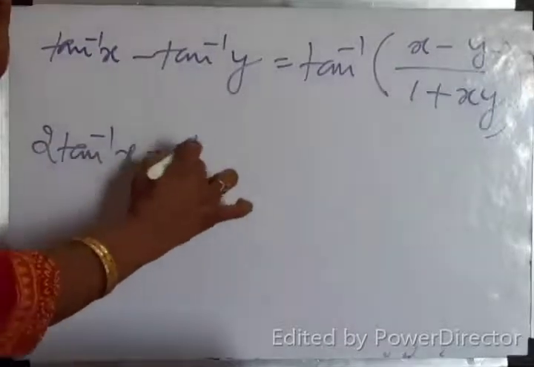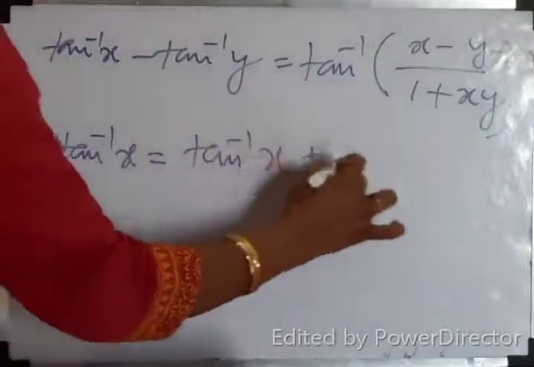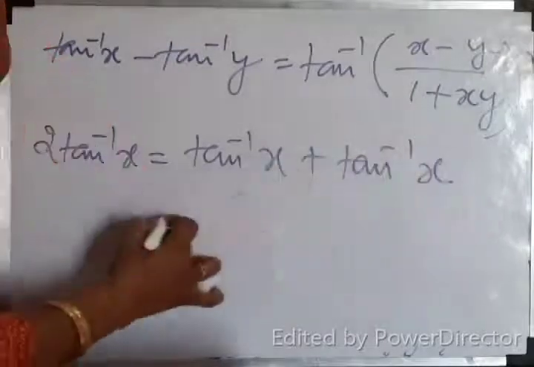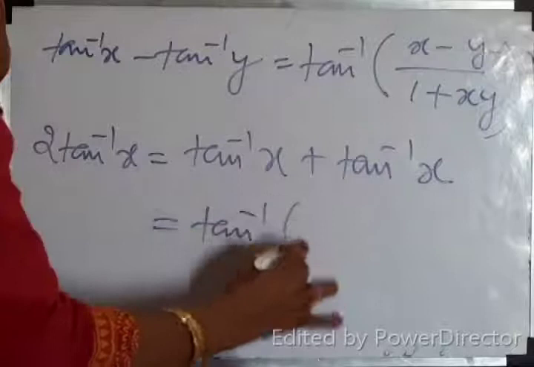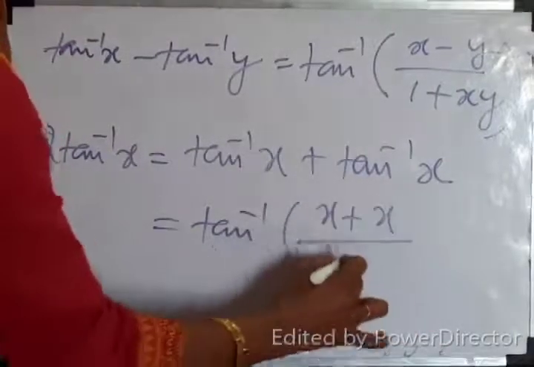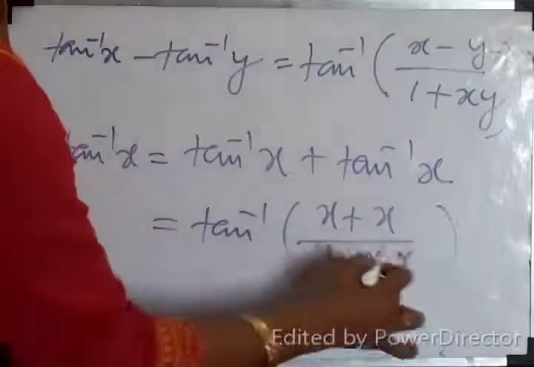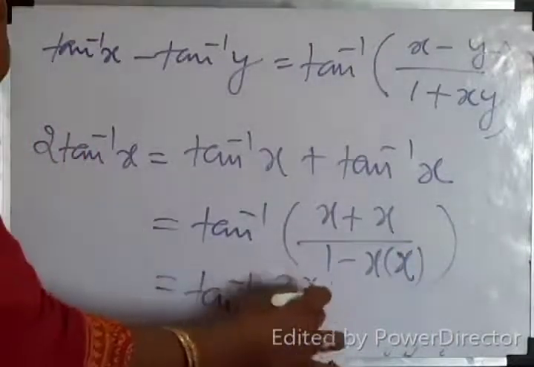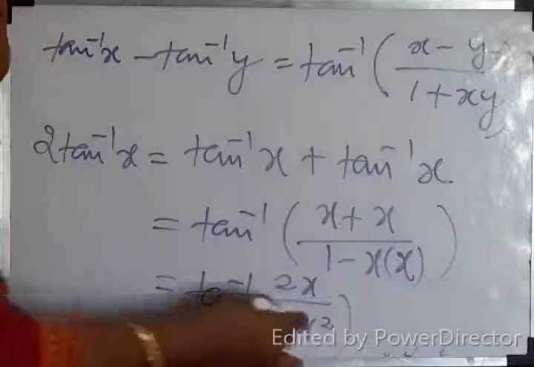I can write tan inverse x plus tan inverse x. Correct? This I can write as tan inverse of again x plus x by 1 minus x into x. Correct? This I can write as tan inverse of 2x by 1 minus x square. Correct?